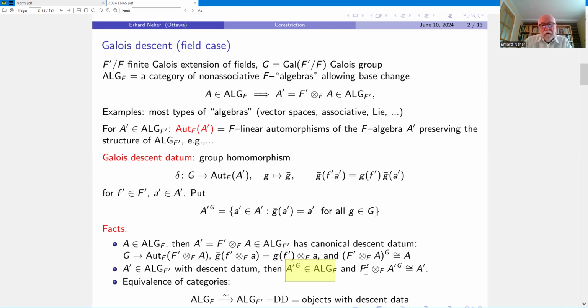And if I now take the base change up from the fixed points of A prime over G, I get back my A prime.